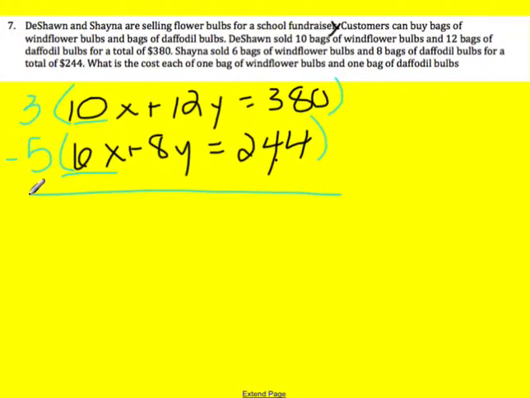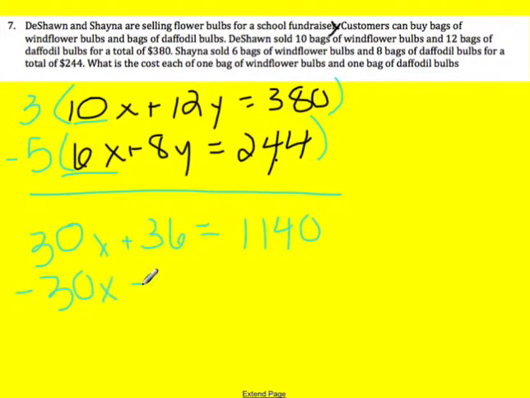So let's go ahead and write out our new equation. So we have 30x plus 36y is equal to 1,140, and then we have negative 30x minus 40y is equal to negative 1,220.